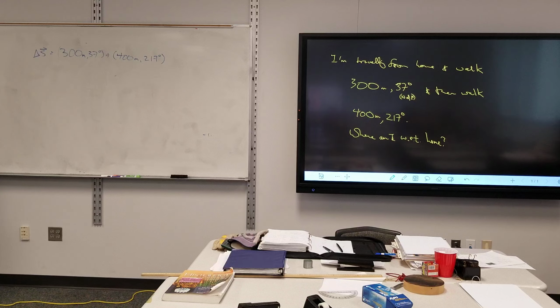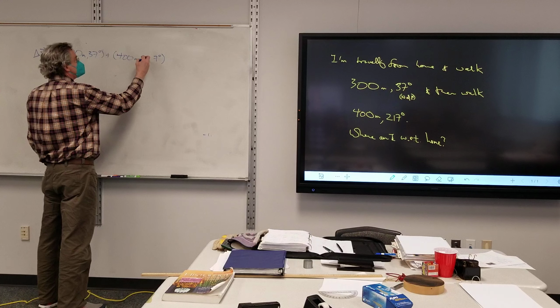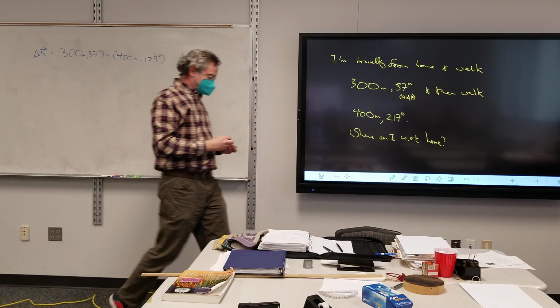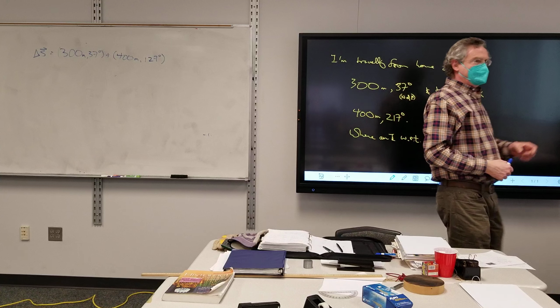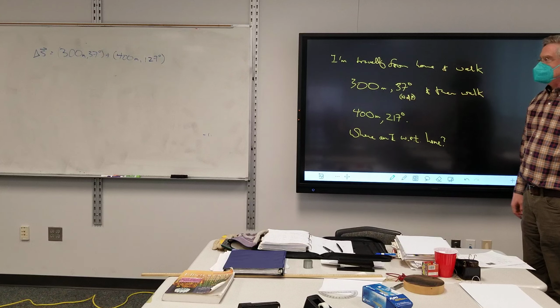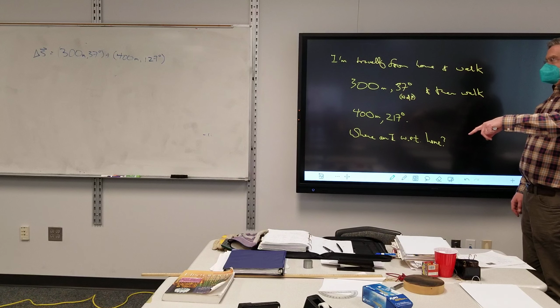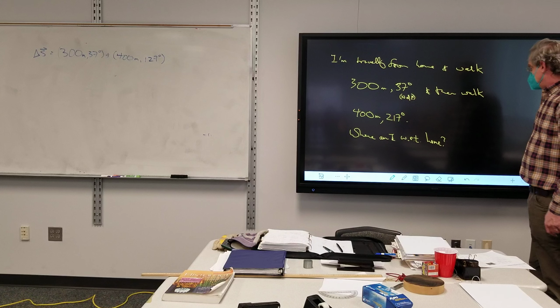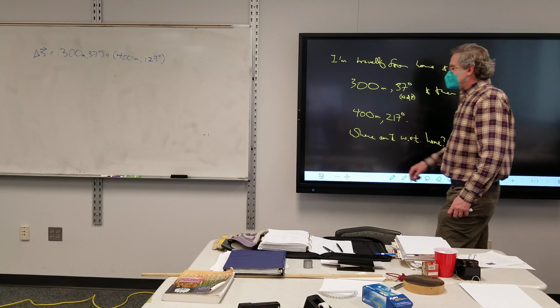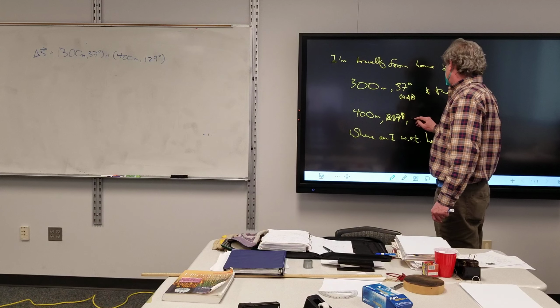I'm going to change that to 217. 127. I wanted something more complicated than he walked this way and then he walked back. The way I originally wrote it, he's 100 meters at an angle of 217 degrees. So this changes to 127 degrees.